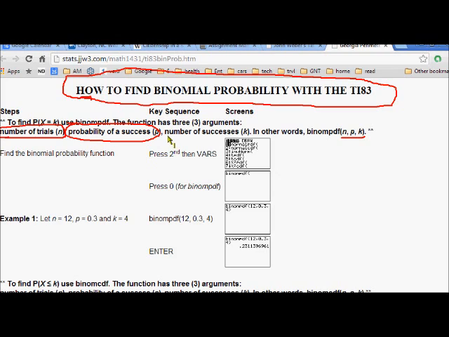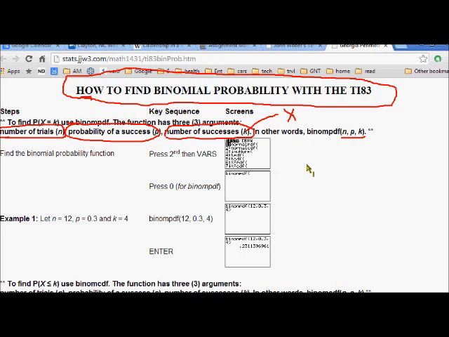And K, I guess, is something you've got to keep track of. The calculator uses K, which is the number of successes, but the book uses X. So keep track of that one. Instead of K, we've got X.